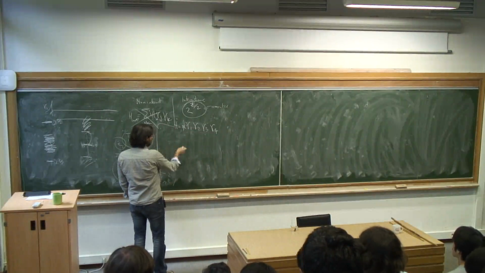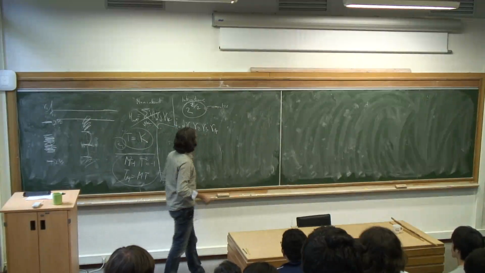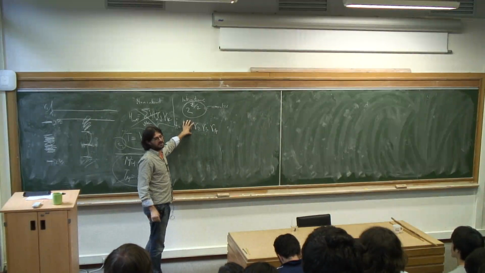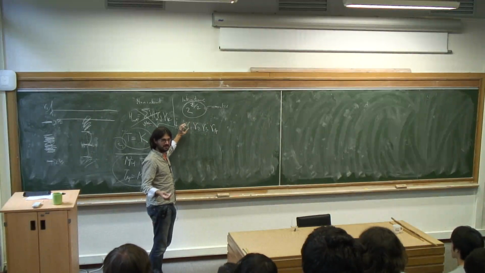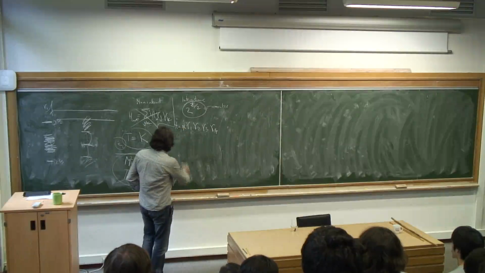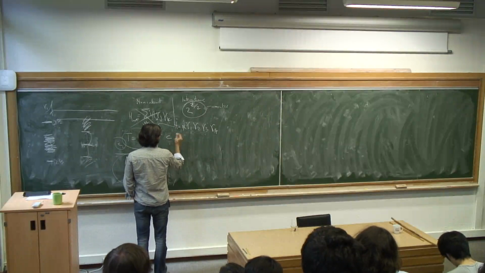Well, it's very easy. You have to just find a Hilbert space in which you can diagonalize this Hamiltonian. This is, by the way, the only interaction that I can write down for 4 Majoranas. Is that clear? Okay. So I just build 2 fermions out of it.